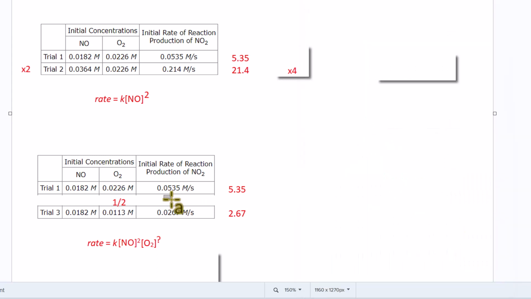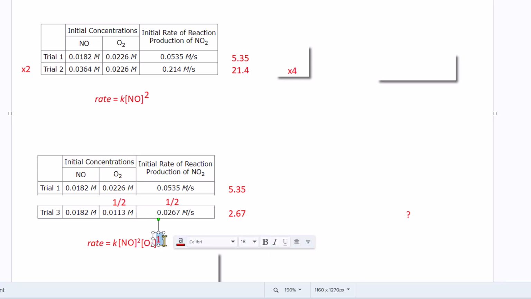So the rate decreased by a half. That's directly proportional. So therefore, we can figure out that question mark. We would know that the importance of the oxygen is to the first power. If you double the concentration of the oxygen, you double the rate. If you half the concentration of the oxygen, you half the rate.